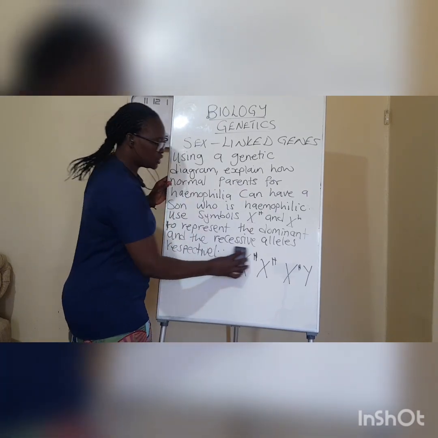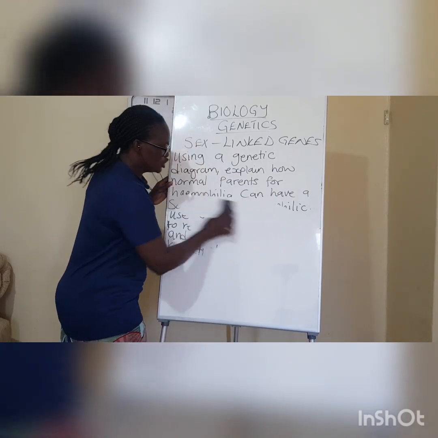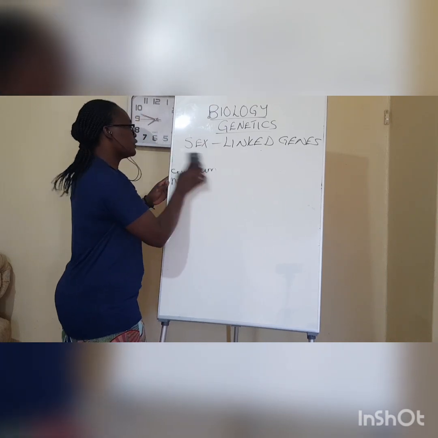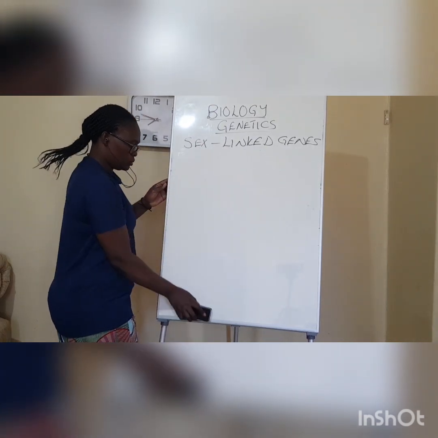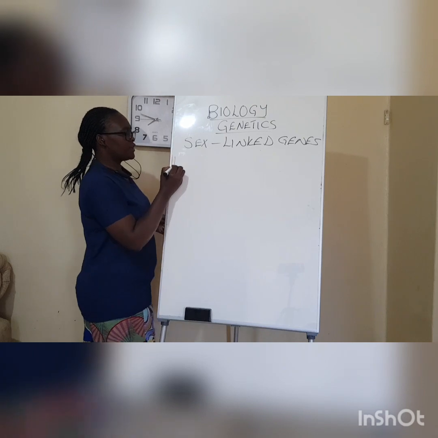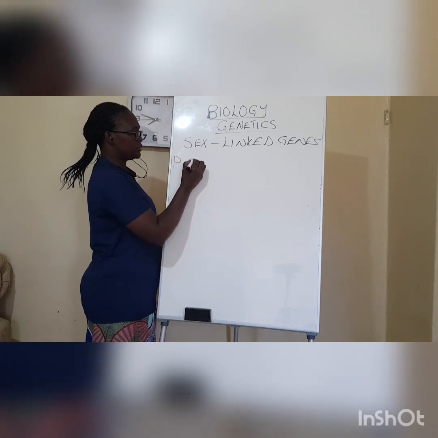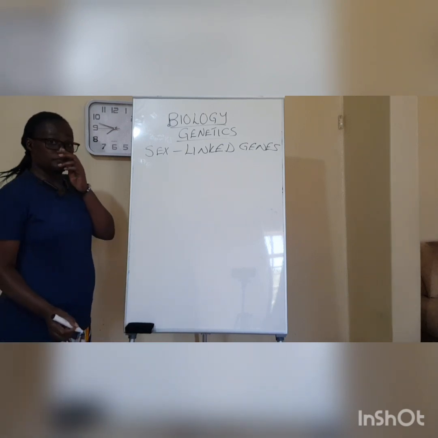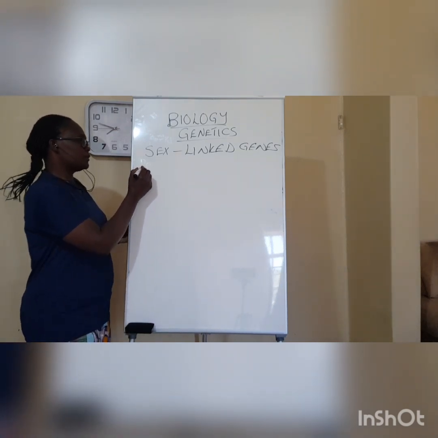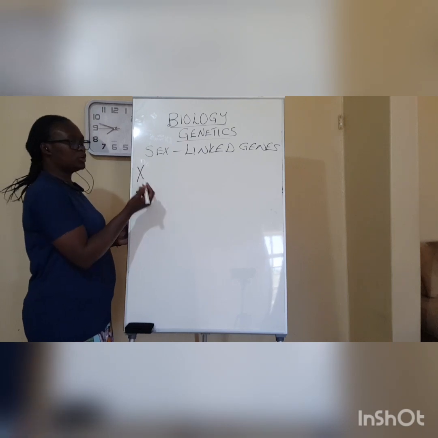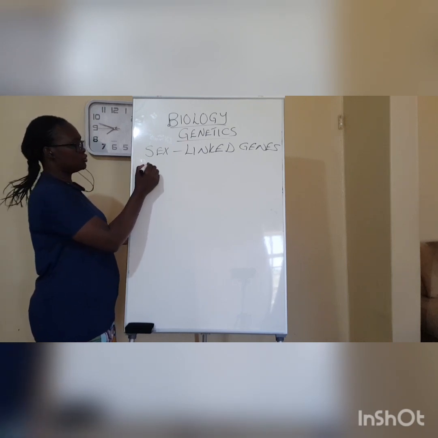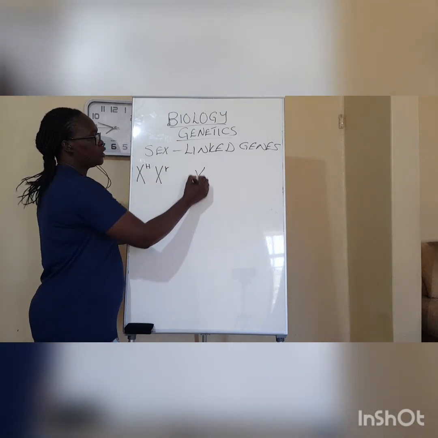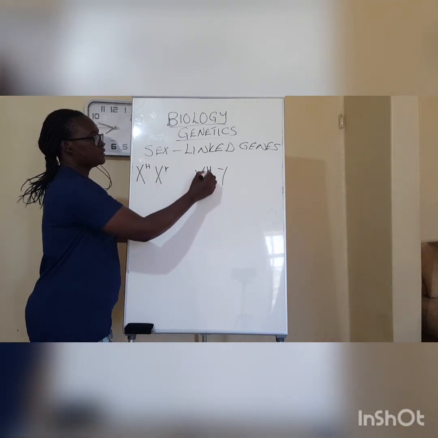So I'm going to wrap this question. Then we do the genetic diagram. We see how it goes. Very good. So we begin. We have the parental phenotype. They said that they are normal parents. So the female is going to be written as a carrier for hemophilia. The male will be written like this.